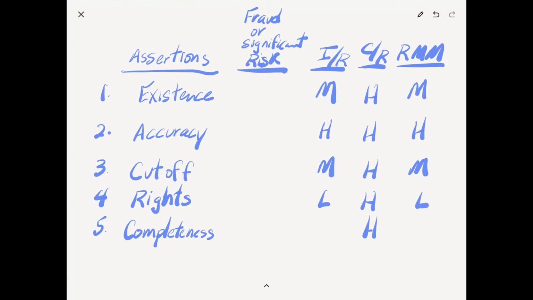And then completeness, and I'm going to use an example here that will highlight this second column, which is the fraud or significant risk column. Let's suppose that you believe that there's two more bank accounts that the client has not placed on the general ledger, and because of that, cash is not complete.